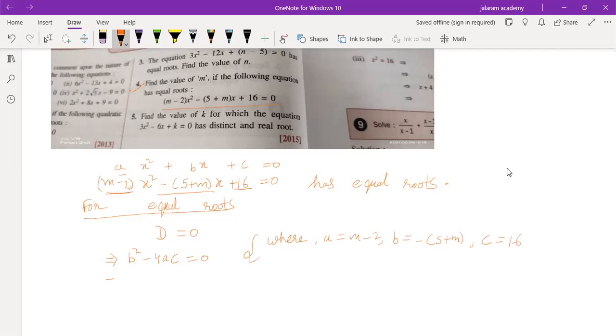Now we substitute all these values in this identity, b square minus 4ac equals 0.